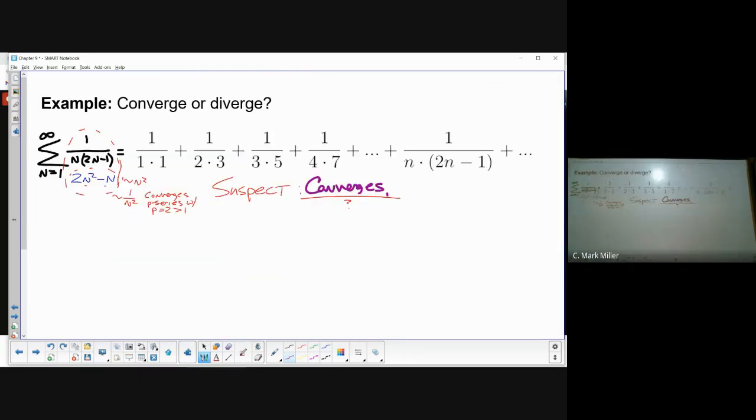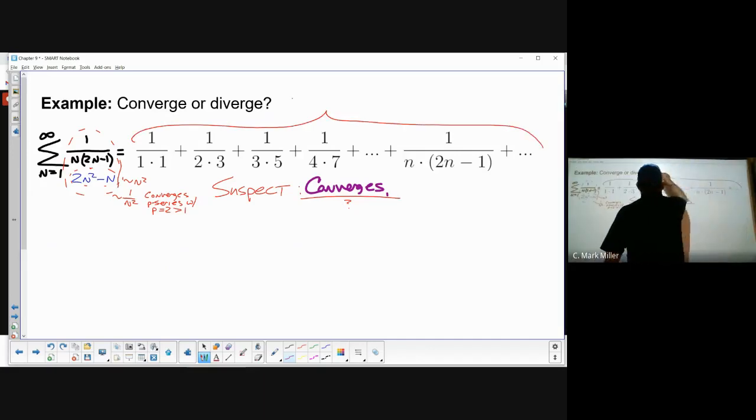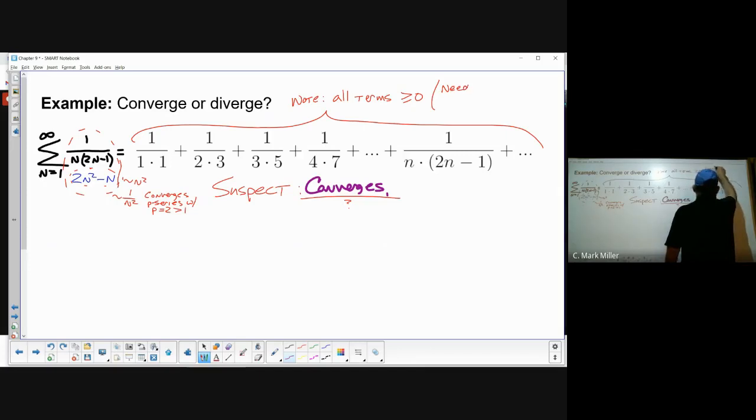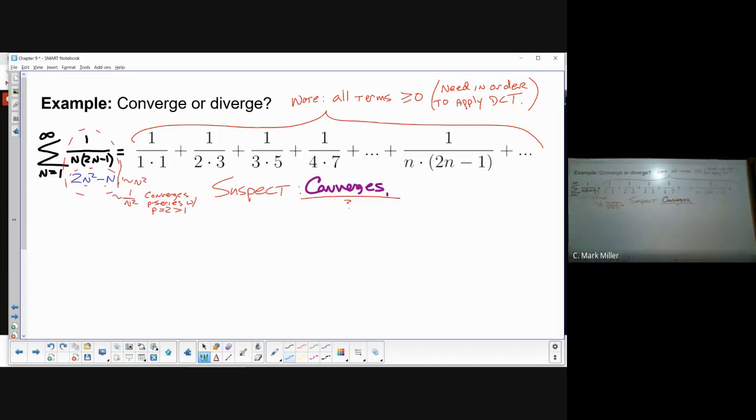So here, note that all these are positive in order to apply the direct comparison test.